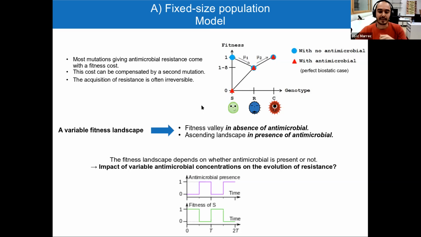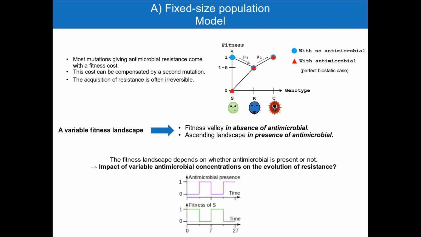Okay, and so as you can see, the fitness landscape depends on whether antimicrobial is present or not. And so in the following, I'm going to address the impact of variable antimicrobial concentrations on the evolution of resistance.